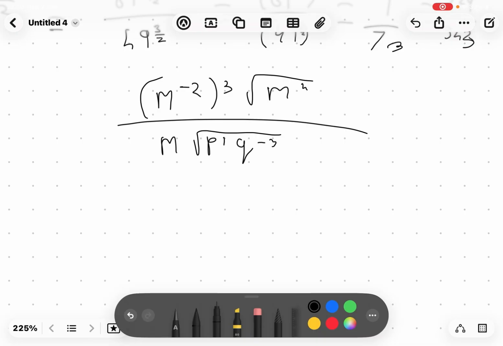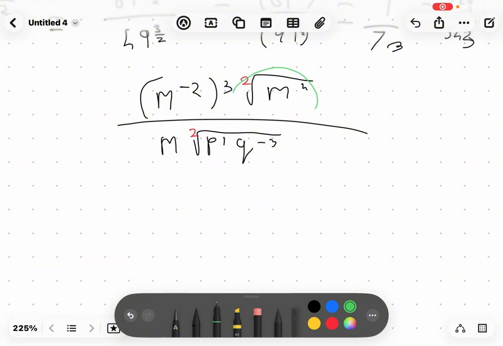Before actually solving it, you have to know that a square root automatically has a 2 here. So there's this one, and after that should be it. Okay, so let's go solving it.